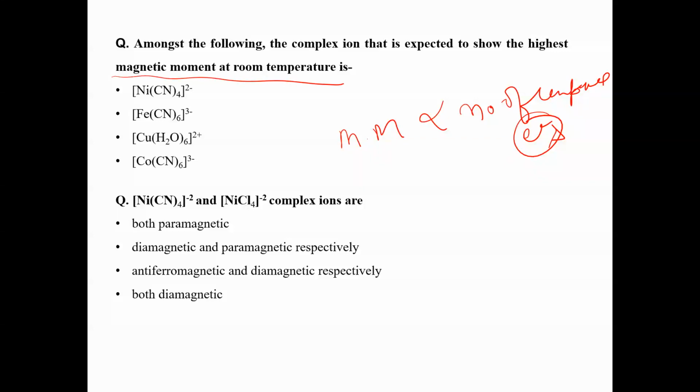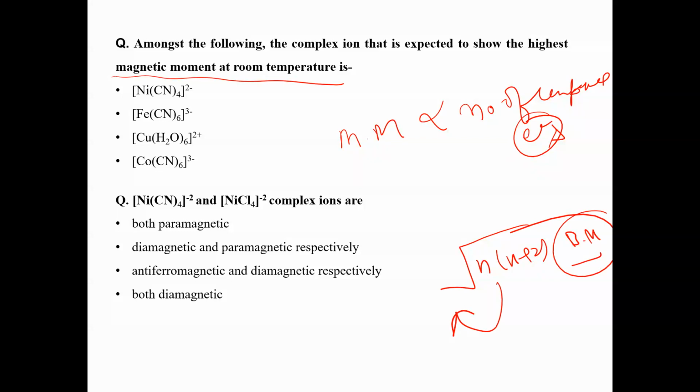The more unpaired electrons you get, the higher the magnetic moment, because the formula is the square root of n(n+2) Bohr magneton. So write down the electronic configurations for all the complexes, count the number of unpaired electrons, and the complex ion with the highest number of unpaired electrons will show the highest magnetic moment at room temperature, right?